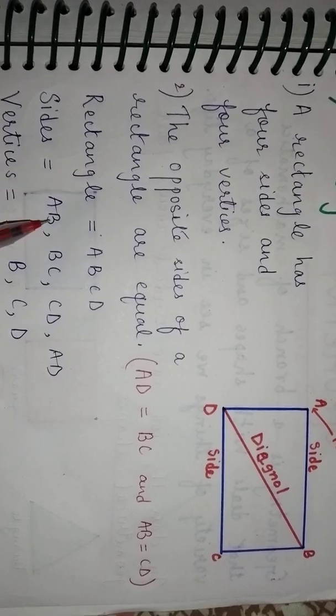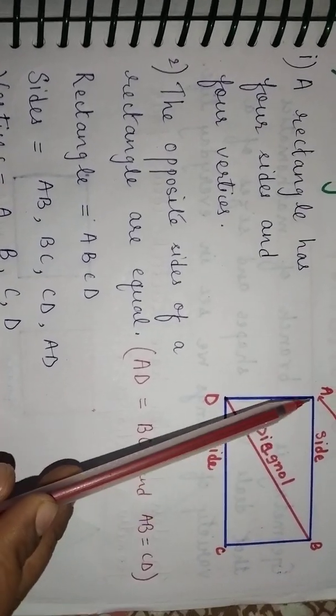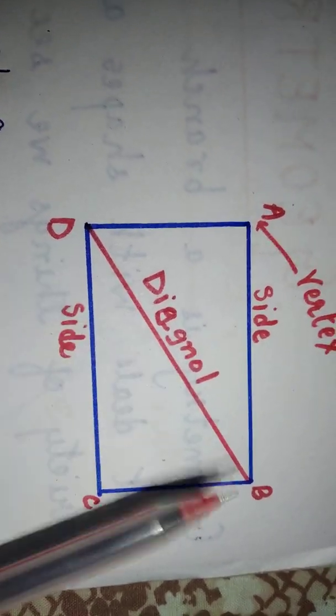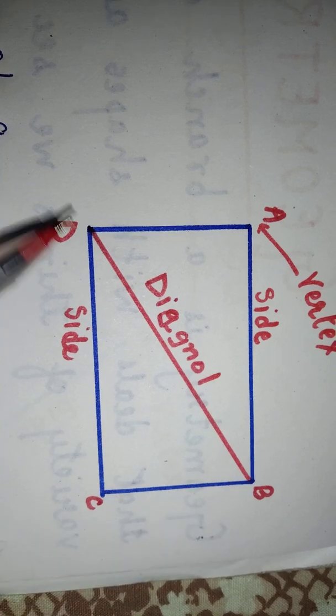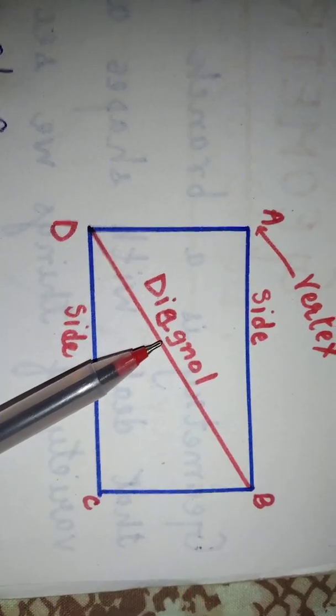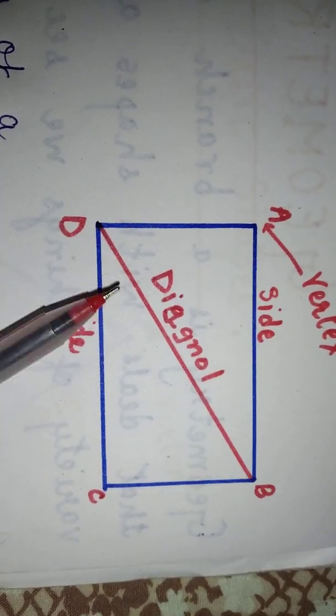Okay, and the sides are side AB, side BC, side CD and side AD. Okay, let's talk about the diagonal. A line that joins two opposite corners of a rectangle is known as a diagonal. So here the name of the diagonal is BD.